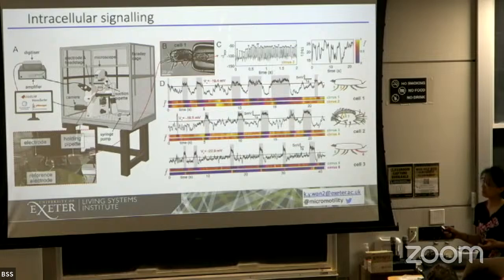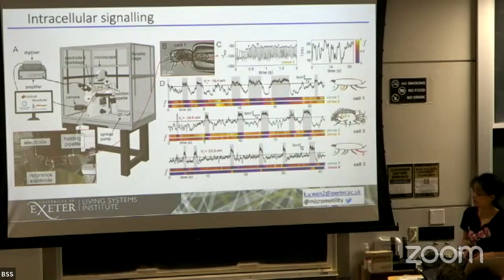So basically, you hold the cell again to stop it from moving, and then you access the membrane potential with another electrode. So this electrode goes inside the cell. Yes, it's probably suffering.